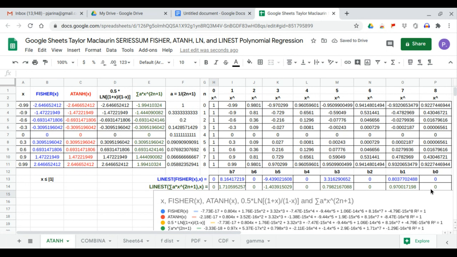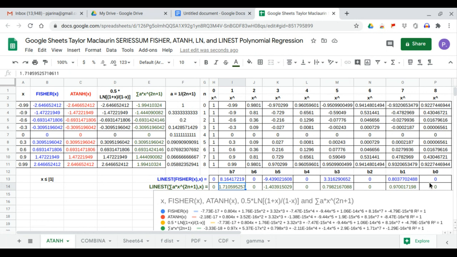So the B0 is 0, negative 3.3.97 for B1. Our B3 is 0.798. It's a match. Our B5 is negative 1.4, and B7 is negative 1.7.